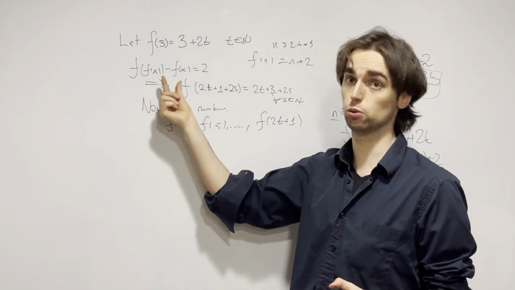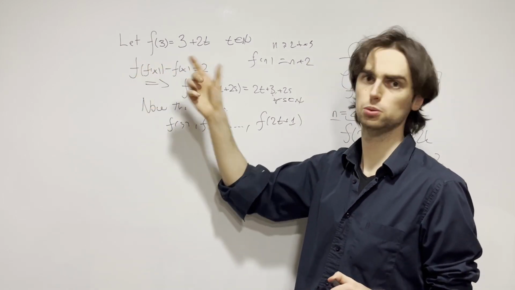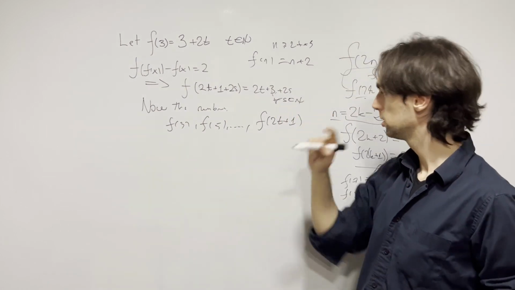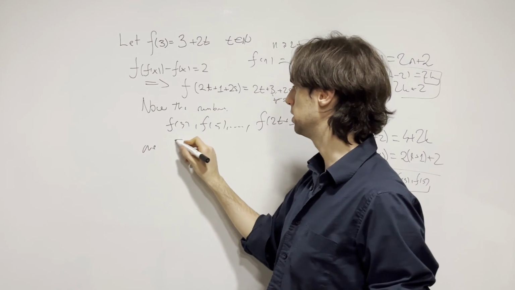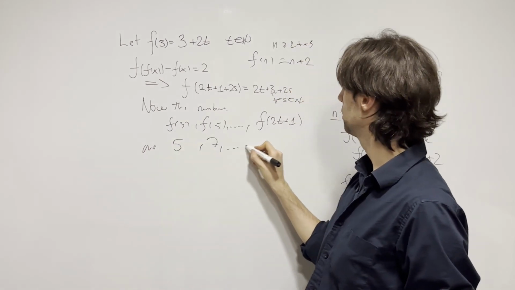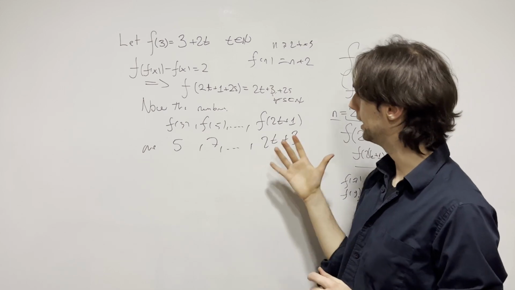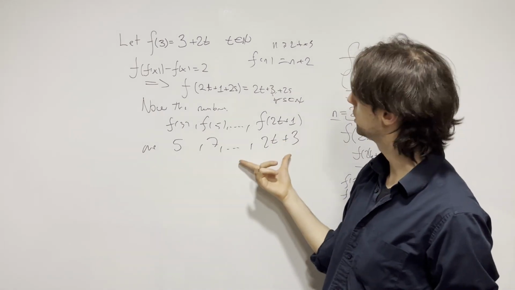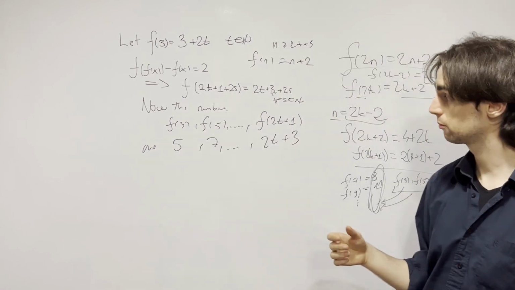And none of them can be equal to themselves. In our case, we'd have x minus x, which is 0, is 2. Again, that's wrong. So these numbers are going to be 5, 7, all the way till 2t plus 3 in some order.